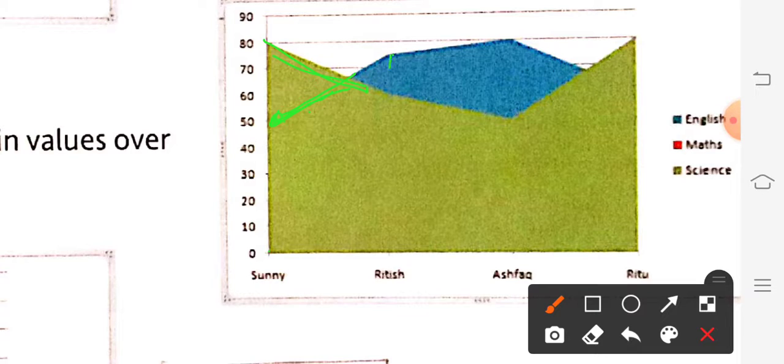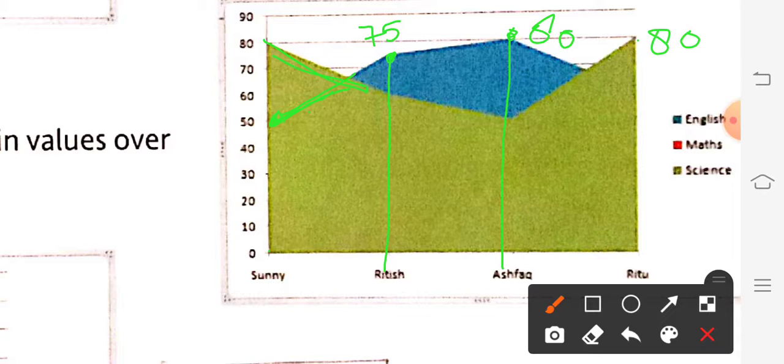उसके बाद if I will check for रितेश, तो रितेश got 75, अशफाक got 80 in English and Ritu got 80 in English.